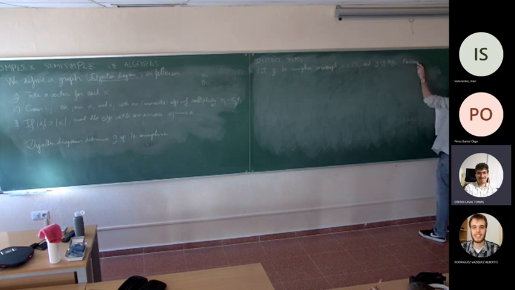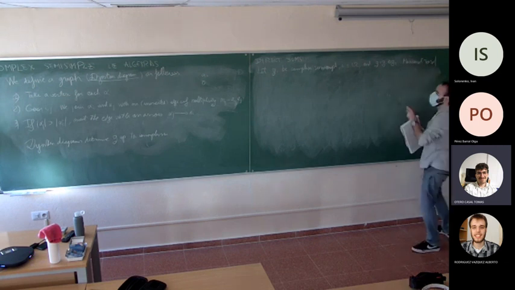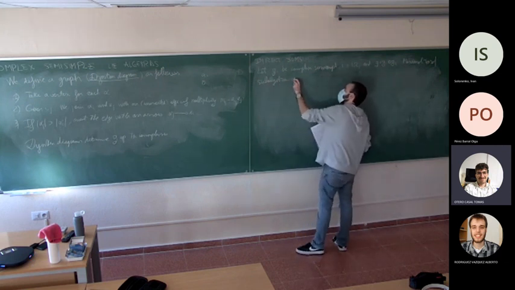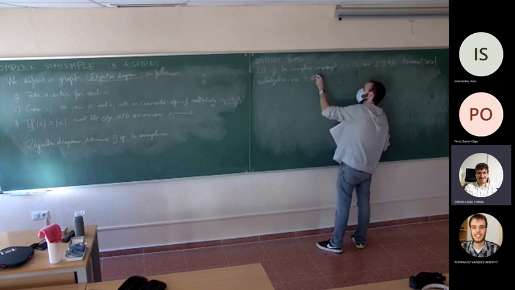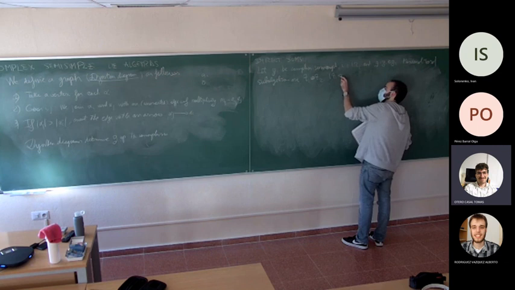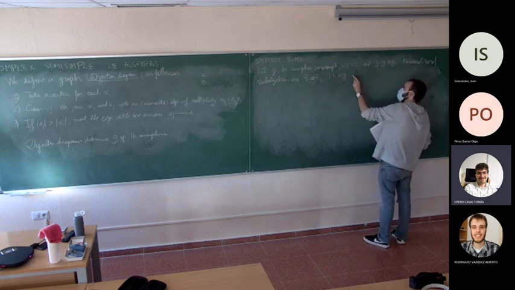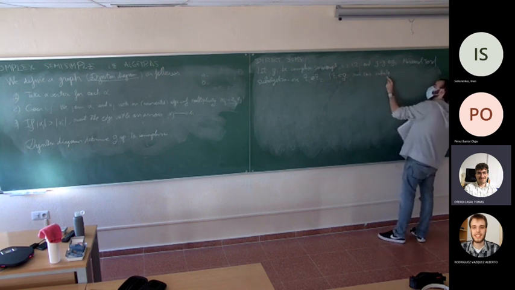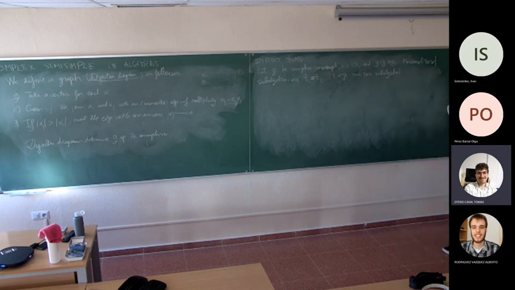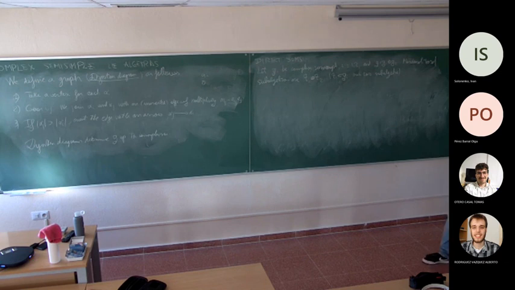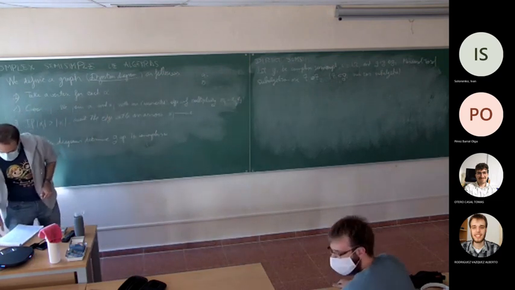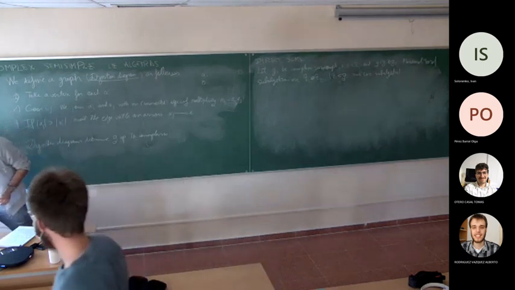Maximal toral subalgebras are of the form T1 plus T2, where each Ti is a maximal toral subalgebra of each g_i.